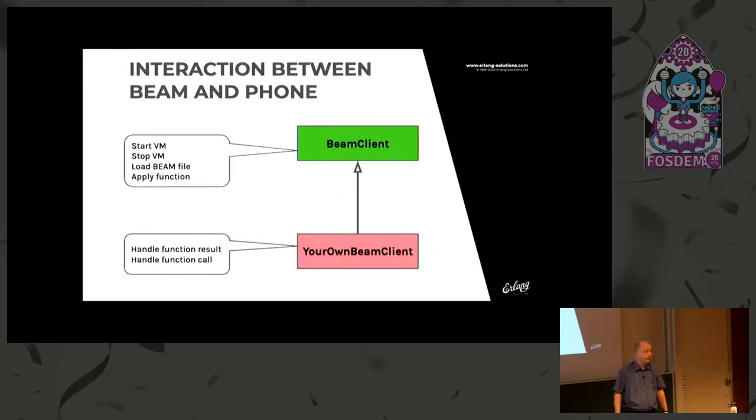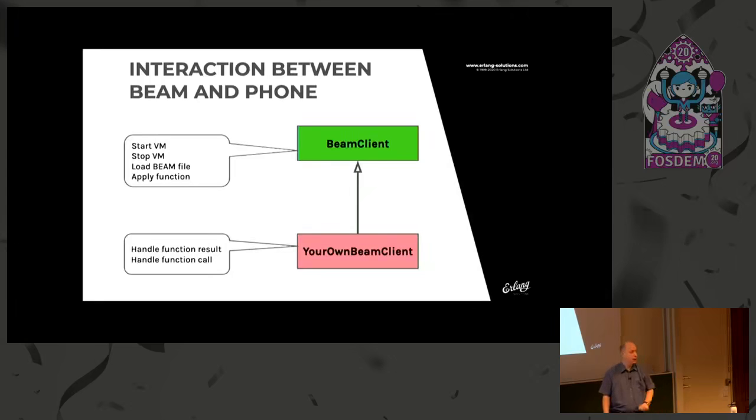The Beam client is partially implemented in the VM itself, so you get a Beam client class which provides the basic functionality like starting and stopping the VM, also loading the Beam file and applying custom functions, which are basically translated into Erlang function calls.